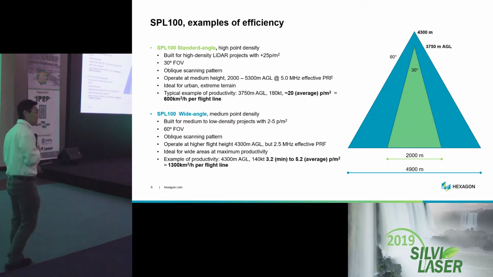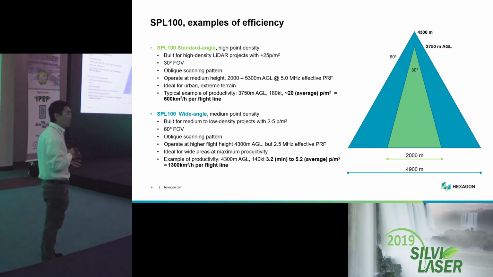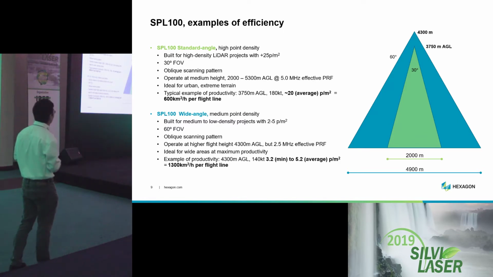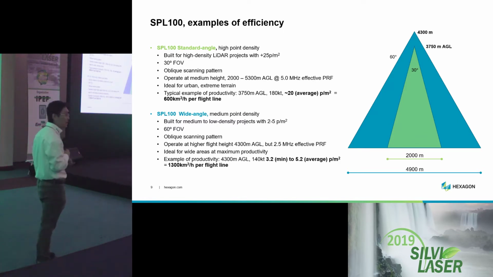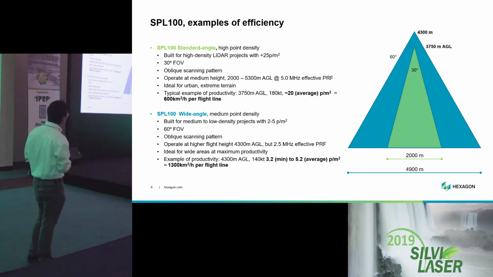And as I mentioned, with the single photon LiDAR with this wide angle field of view of 60 degrees, we are flying at 4,300 meters above ground, where we can achieve, of course, a little bit less point density.